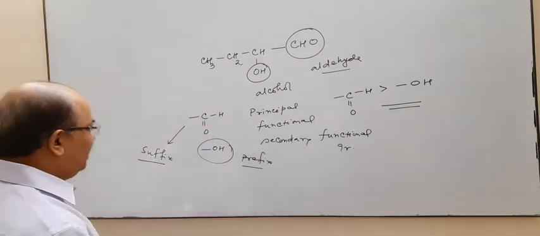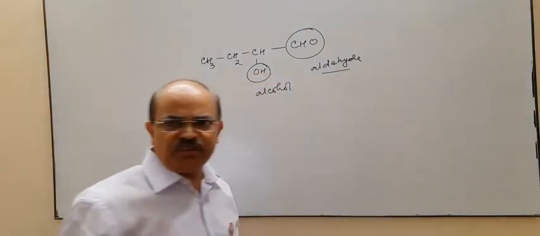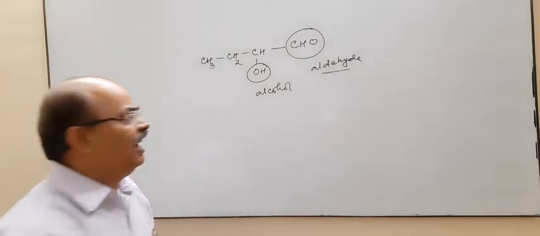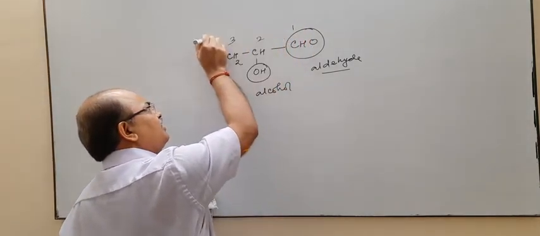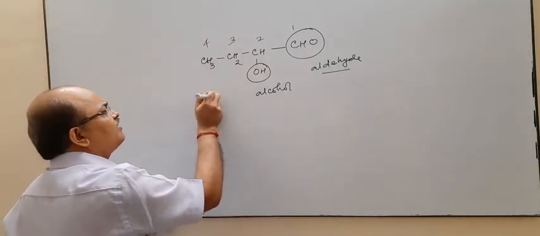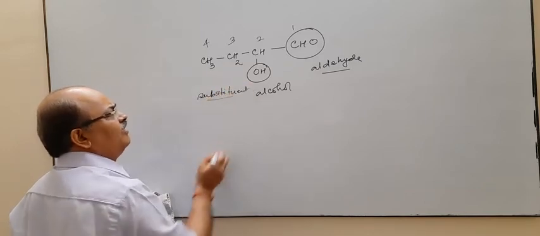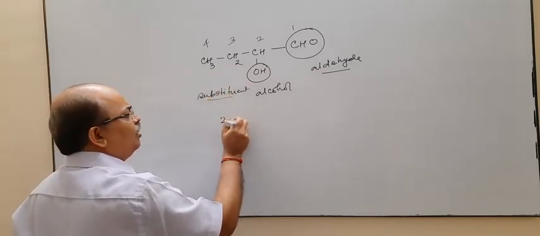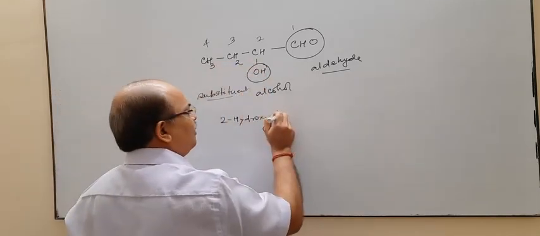So what will be the name of this compound? The priority must be given to aldehyde, so it is carbon number 1, this is 2, this is 3, this is 4. Now this alcoholic group is simply treated as a substituent. So the name is 2-hydroxy.